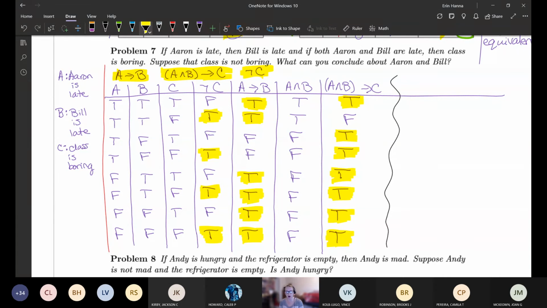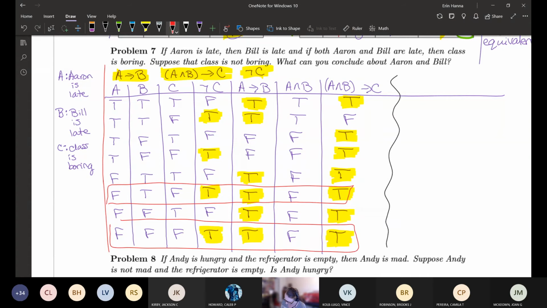The point is that you need all three of them to be true. There are two cases where that happens, one in this row and one in this row. All of the other rows only have two or only one of the things being true.